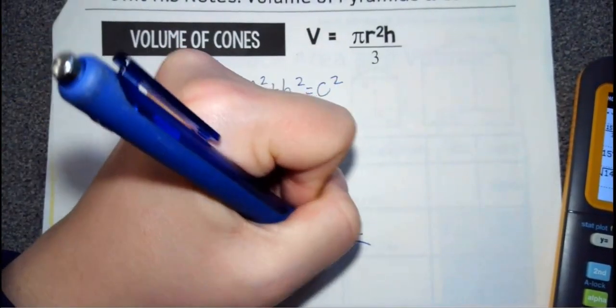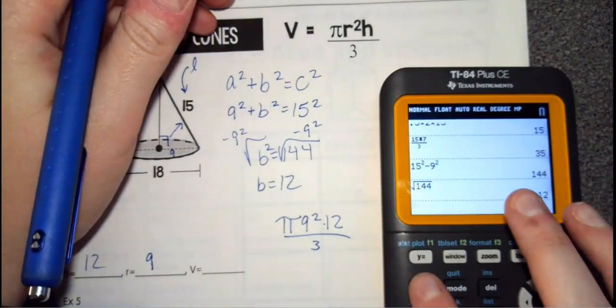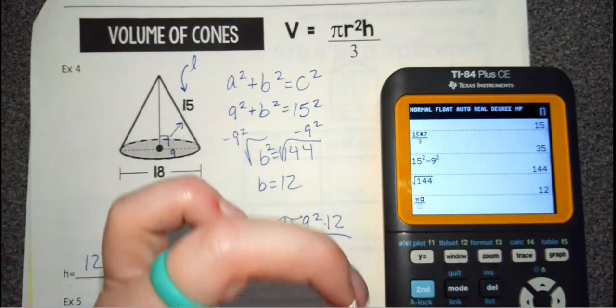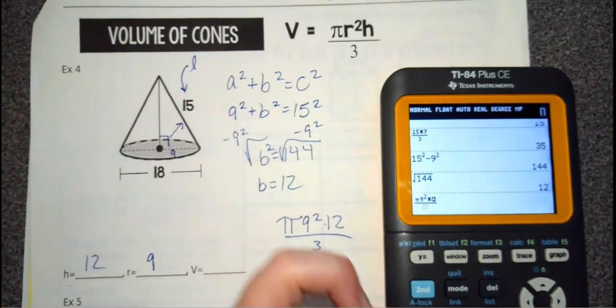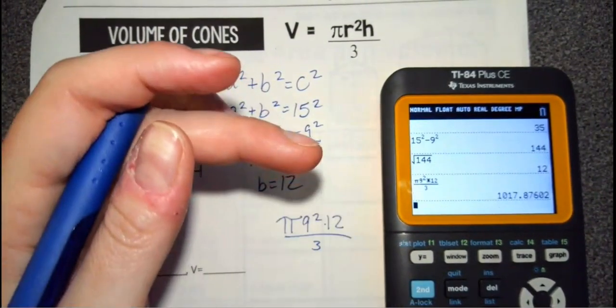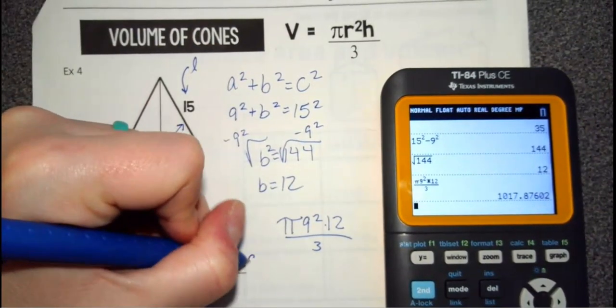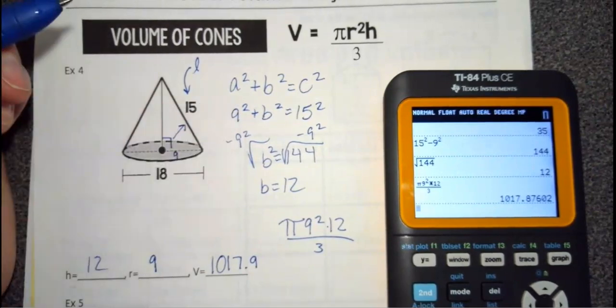So we can plug these things in. So pi times 9 squared times 12 divided by 3. So I'm going to put this in my calculator. Pi times 9 squared times 12 divided by 3. And I'm going to get 1017.9.